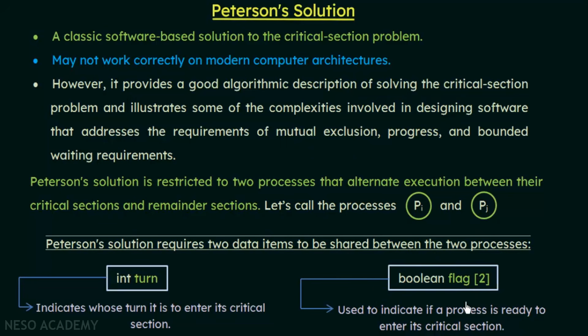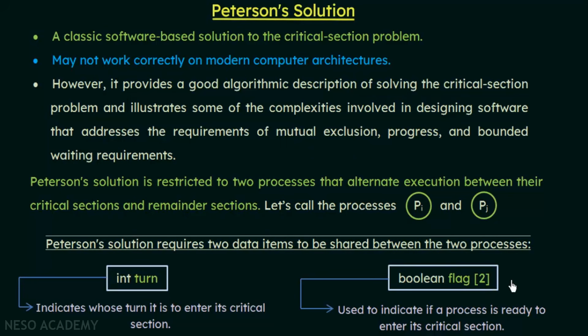For example, if flag of i equals true, that means process Pi is ready to enter its critical section. And if flag of j equals true, process Pj is ready to enter its critical section.